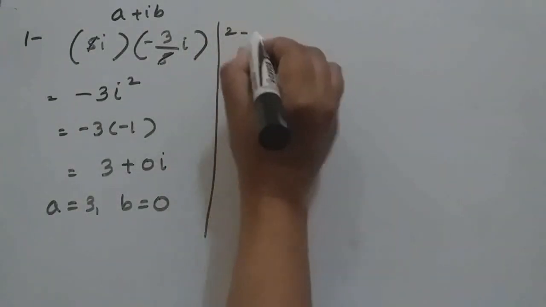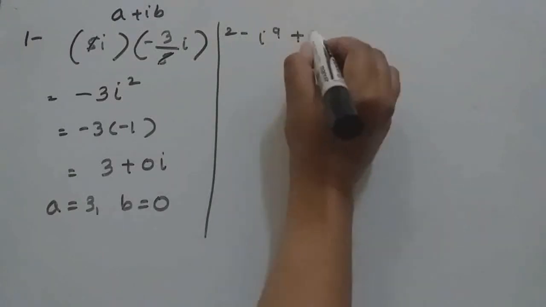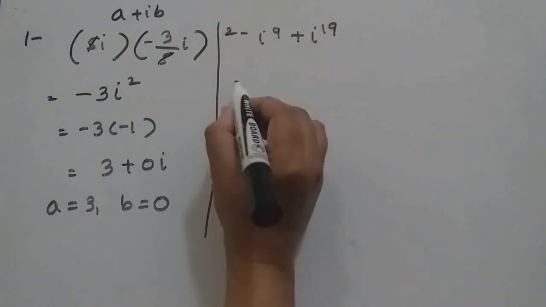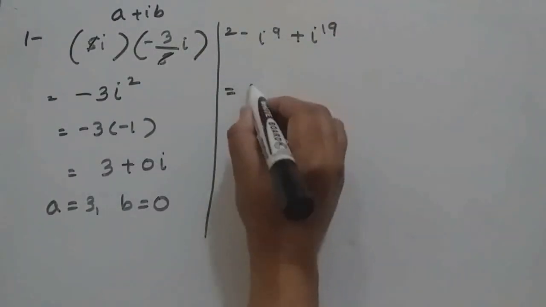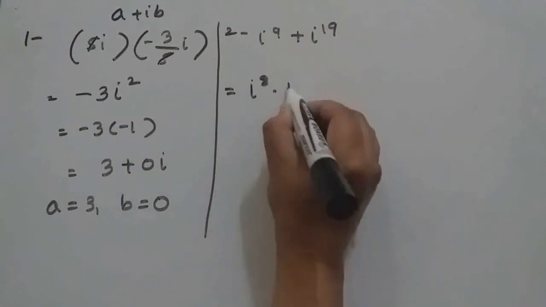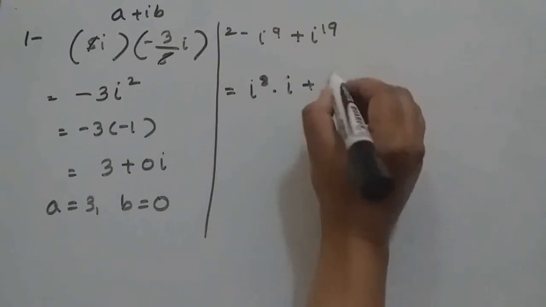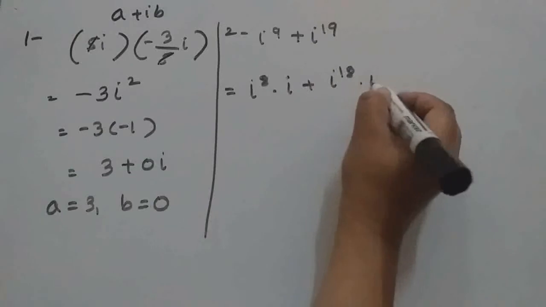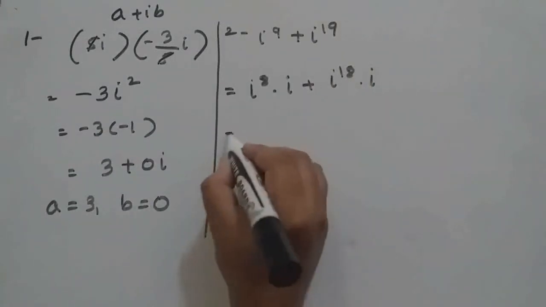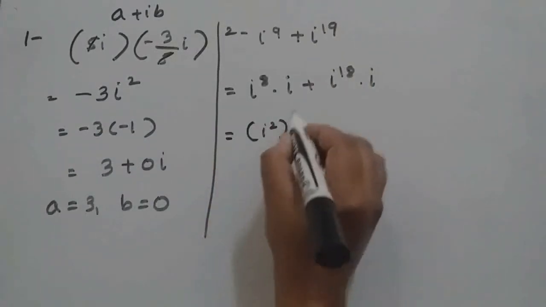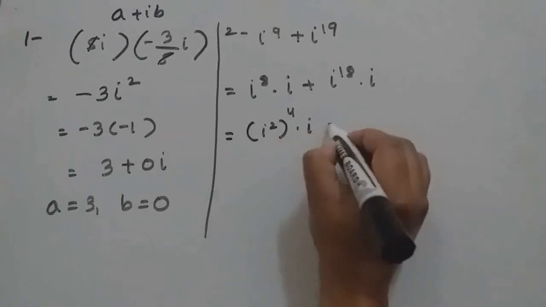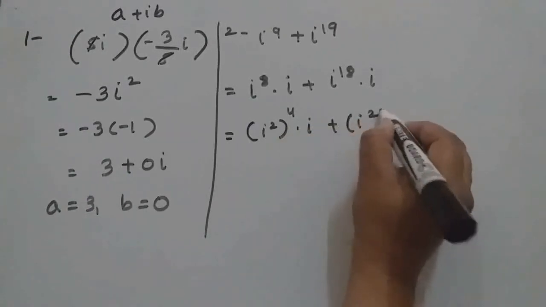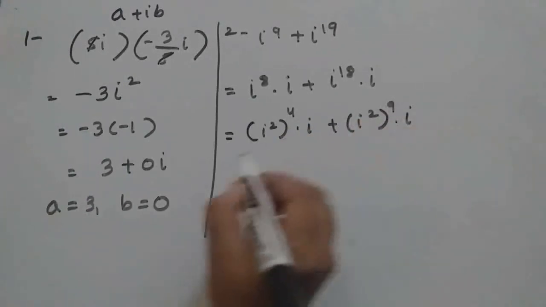Question 2 is i power 9 plus i power 19. So here i power 9 we can write i power 8 into i, and this we can write i square power 4 into i. Okay, i power 8 means 2 fours and 19 means 2 nines.